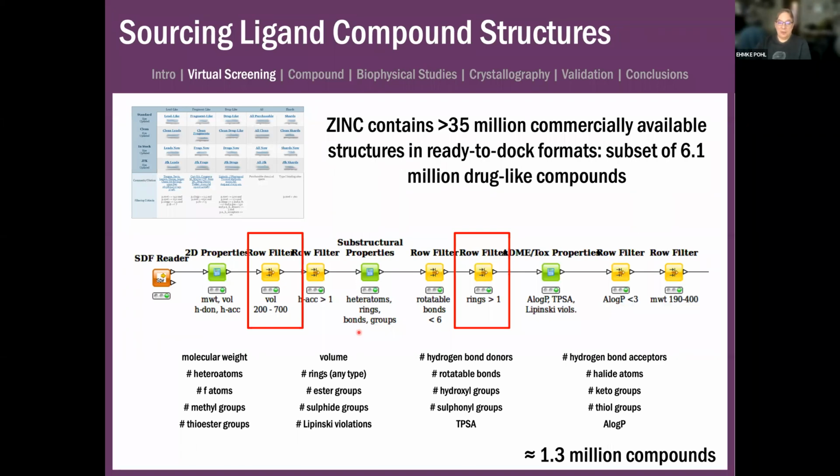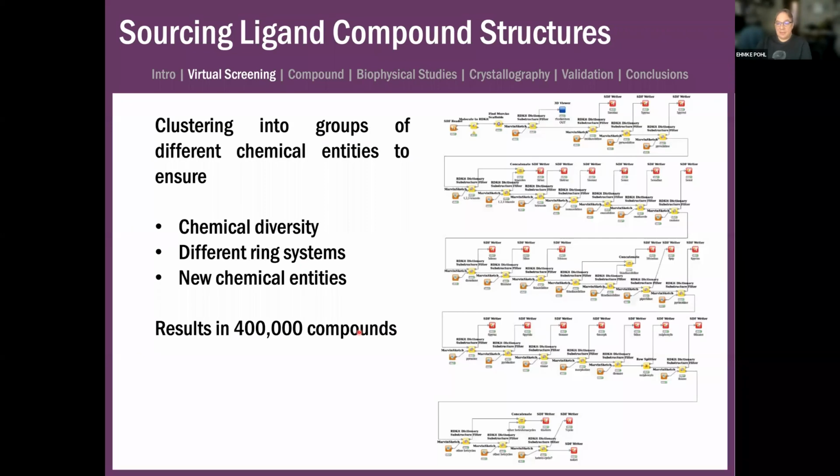So without going into too much detail, there's a bit of a larger pipeline that really clustered our compounds into different chemical entities. So there's a huge pipeline where we basically cluster all of the remaining 1.3 million compounds according to chemical diversity and according to different ring systems.